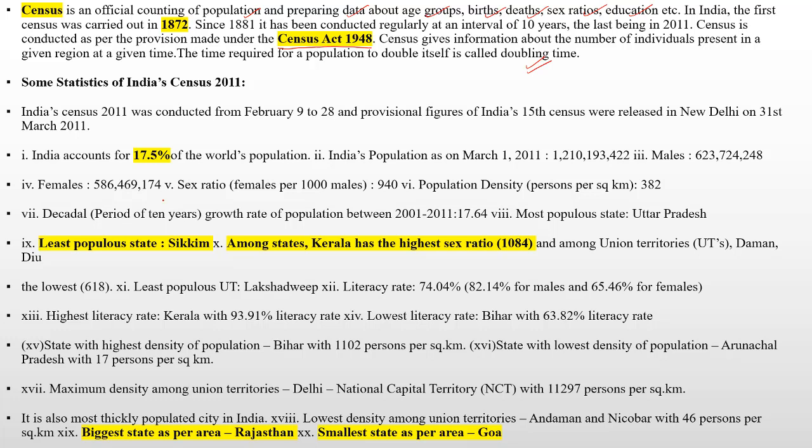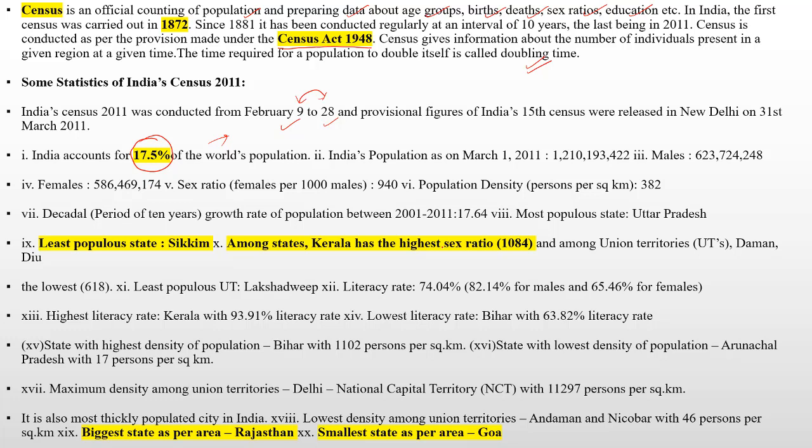According to the Indian census calculated in 2011, conducted February 9 to 28, provisional figures of India's 15th census were released in New Delhi on 31st of March 2011. India accounts for 17.5% of the total world population.